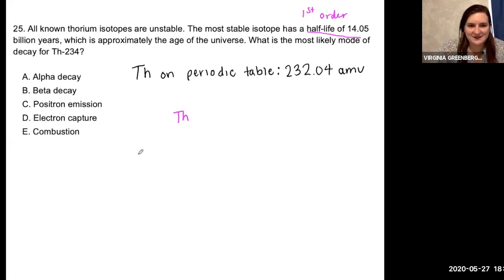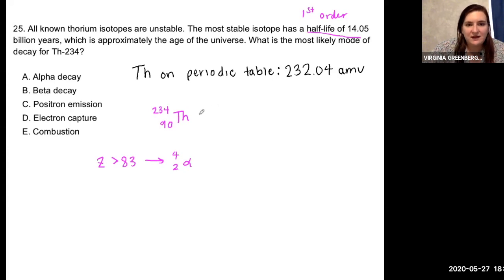Okay, so Th has an atomic number of 90, and for this particular isotope, a mass number of 234. And so since its atomic number, which is oftentimes denoted as Z, is greater than 83, that means its most likely mode of decay is going to be alpha decay.